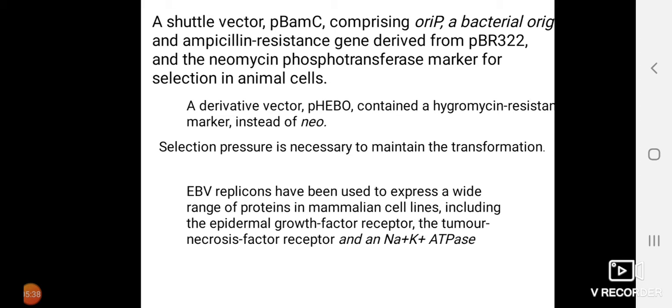A derived vector was developed from there as pHEBo, containing a hygromycin resistance marker gene instead of the neomycin phosphotransferase gene.